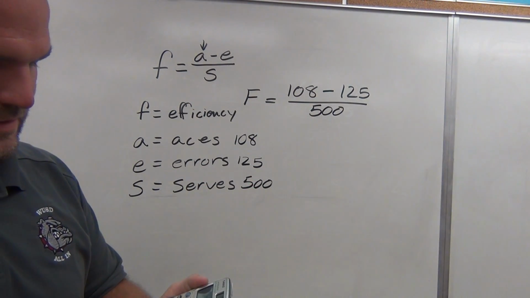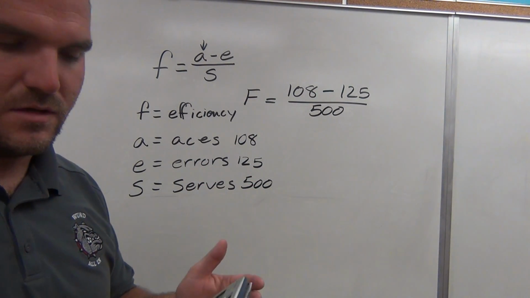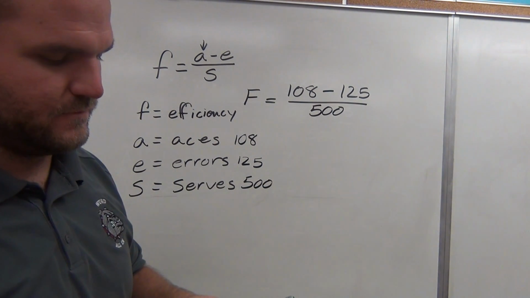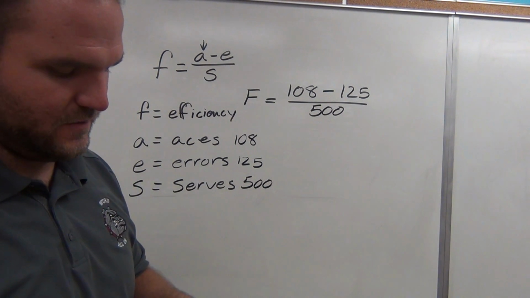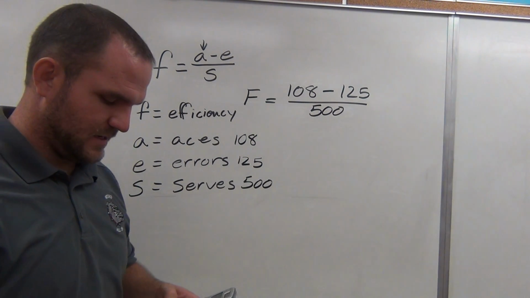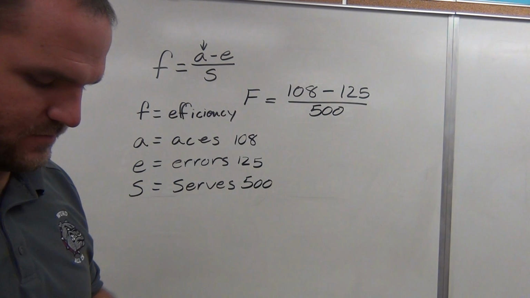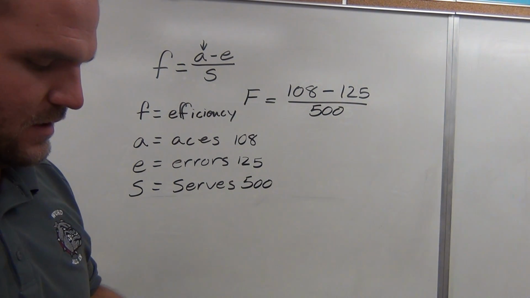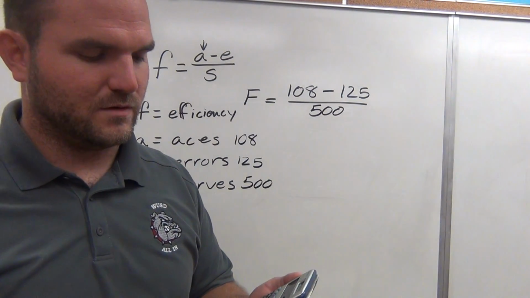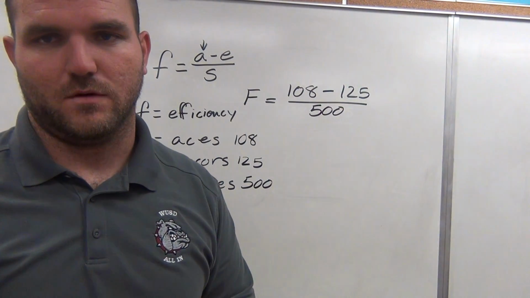If you're decent at a calculator, you can do that answer divided by 500. So negative 17 divided by 500. So you would have an efficiency of negative 0.034.